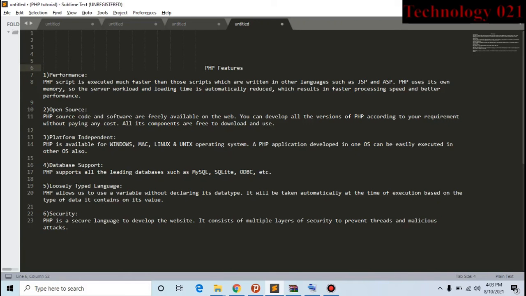PHP uses its own memory, so the server workload and loading time is reduced, which results in faster processing speed and better performance.